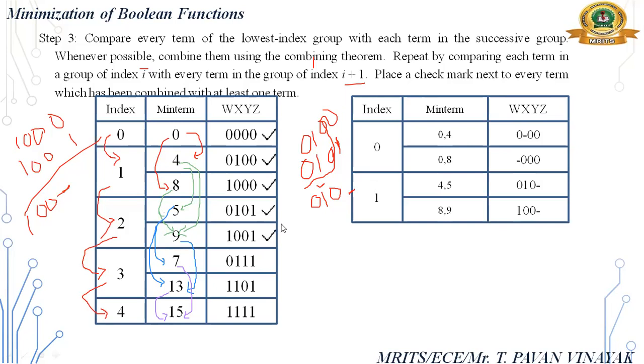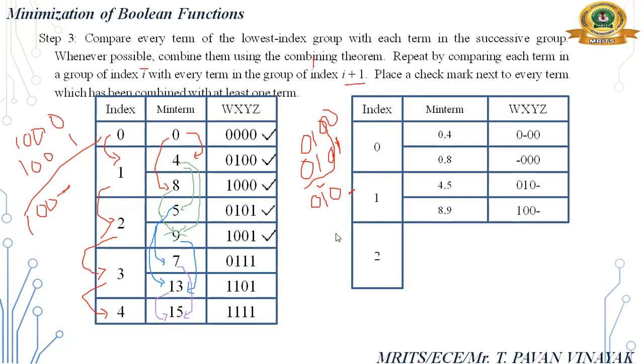Okay. Now checking index 2 with index 3. If you check index 2 with index 3 and get a combination, you get two ones only. So it will become index 2.